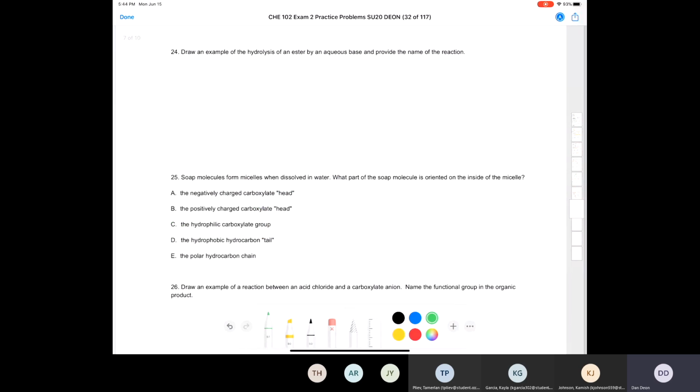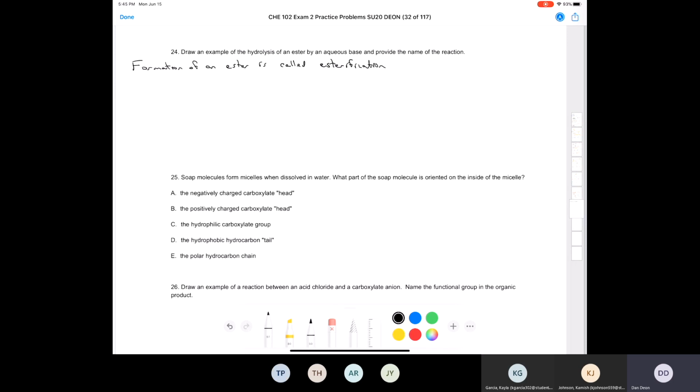It says draw an example of the hydrolysis of an ester by aqueous base and provide the name of the reaction. So not only when we form an ester, the formation of an ester is called esterification.